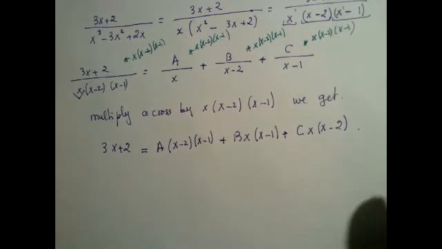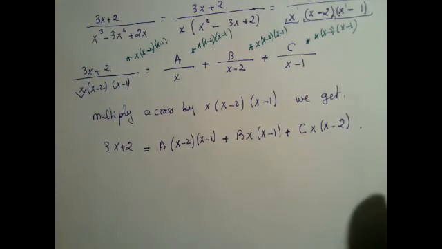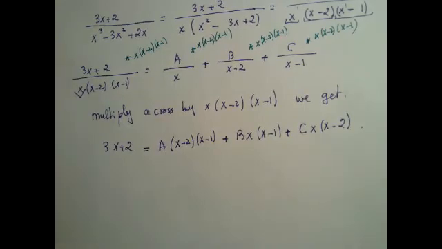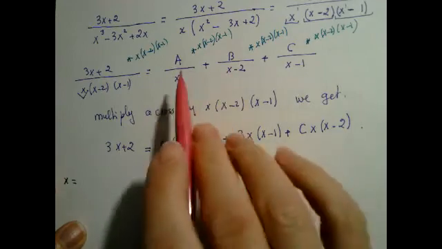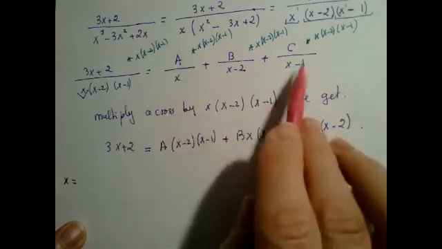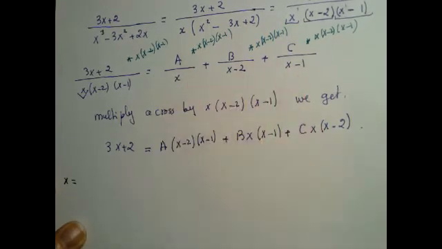And now what do you think the values are that I'm going to use to find a, b, and c? Let's see if you guys built any intuition. I think you did. Anyone think which value of x will help us? 2, 1, and 0, exactly. What we're going to pick is actually the zeros of those, 0, 2, and 1. That's usually the idea.